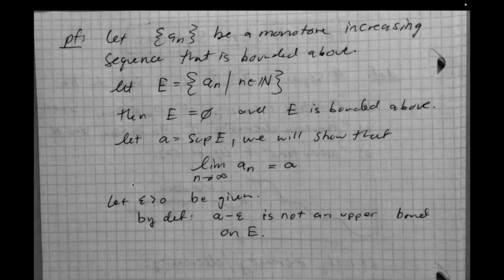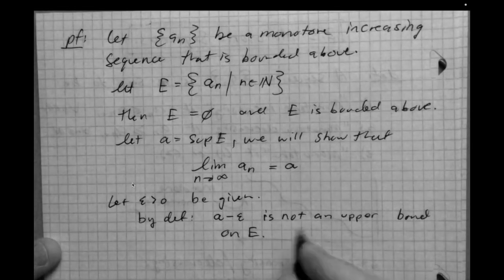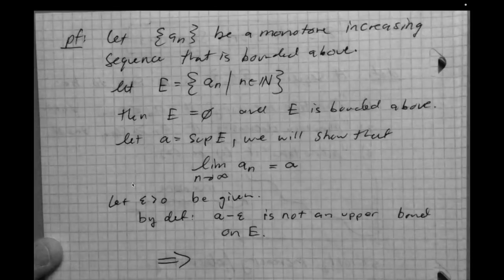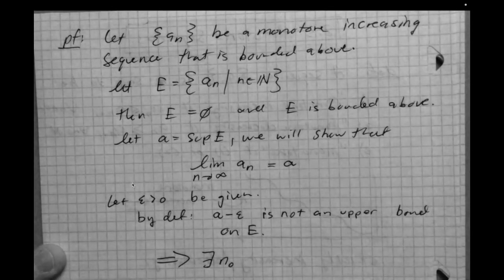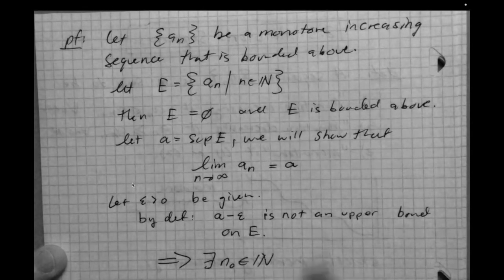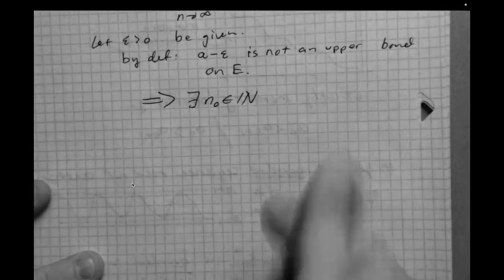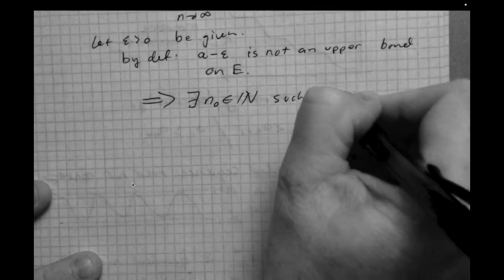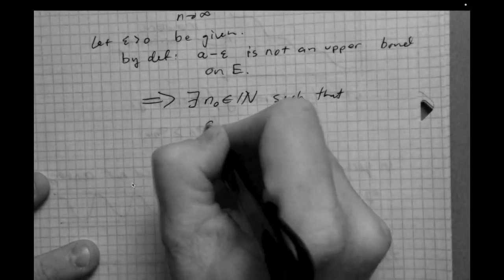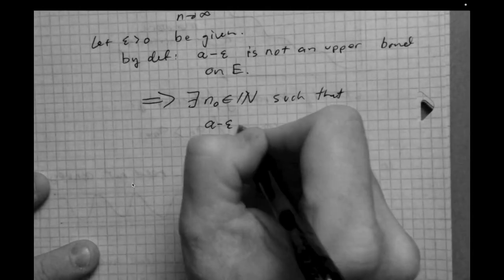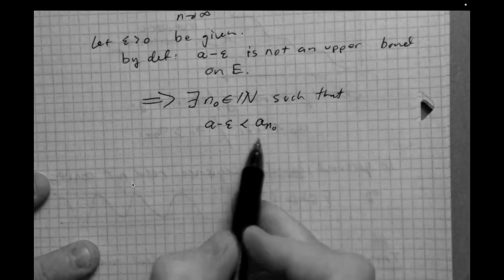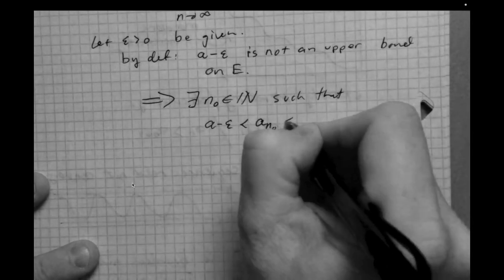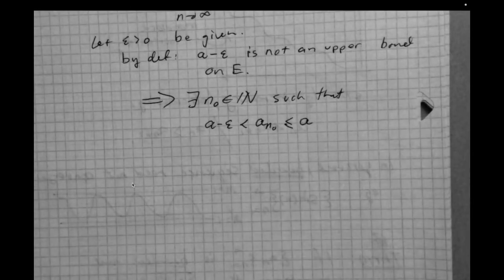So if A minus epsilon is not an upper bound on E, the implication is that there exists some natural number n naught such that A minus epsilon is less than a sub n naught, whichever term that happens to be in the sequence, which we know is less than or equal to the supremum of the set E.